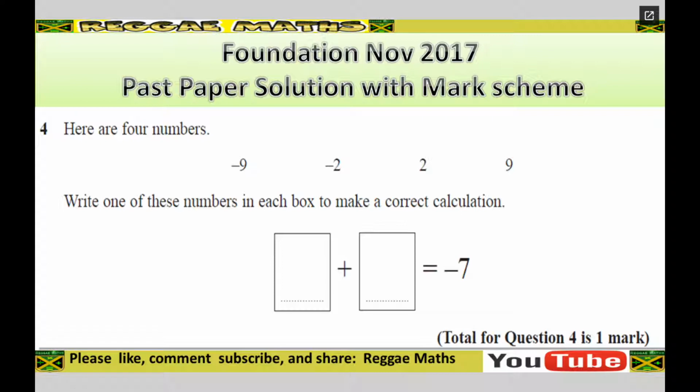Next here, right, you have to write one of these numbers in each box to make a correct calculation. So we got -7. If you look at this here, what do I need to do to get -7? If you think about the number line, right, -7, then you got -8, -9.